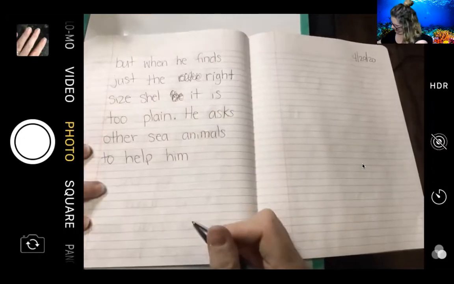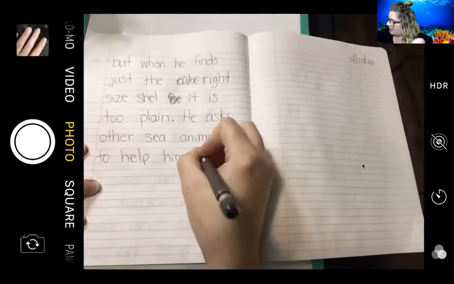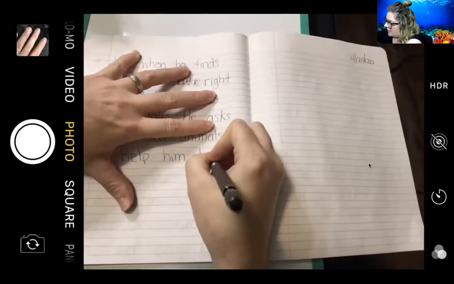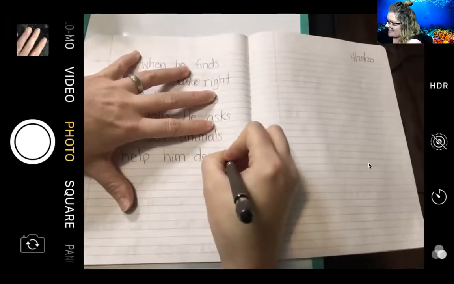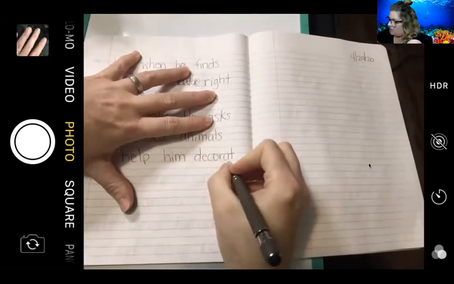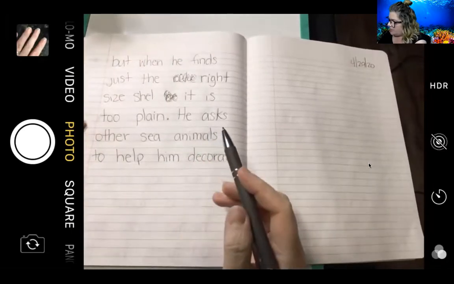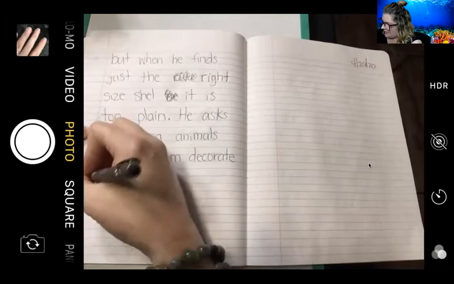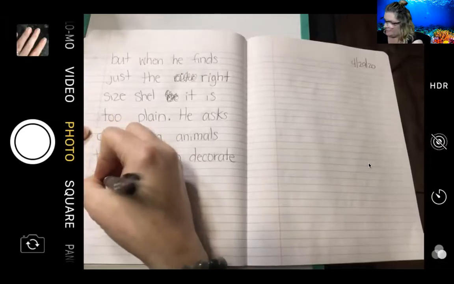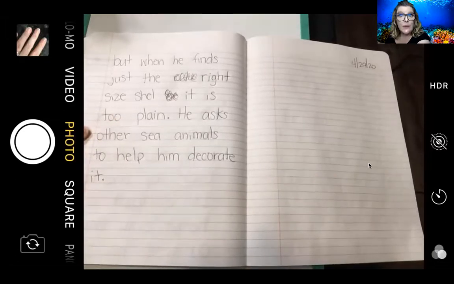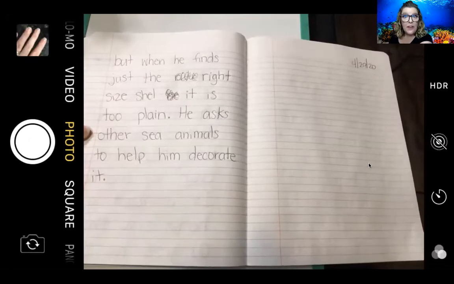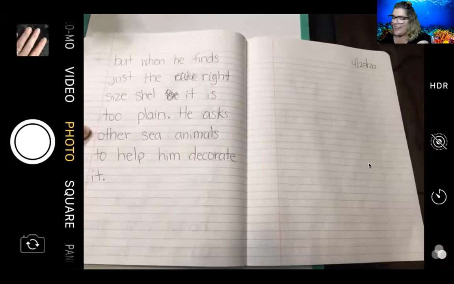Oh boy, what makes the A say its own name? An E. So he asked other sea animals to help him decorate it. All right, and that's all I'm going to write because I hope you stick around and watch the whole story because it's so good. That is my writing for today, but I'm not going to give away the ending.